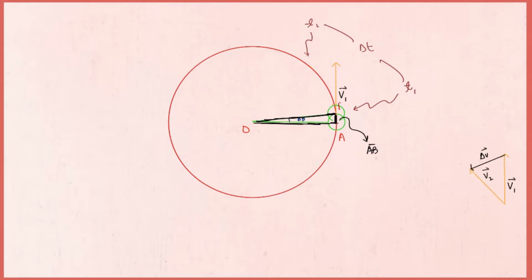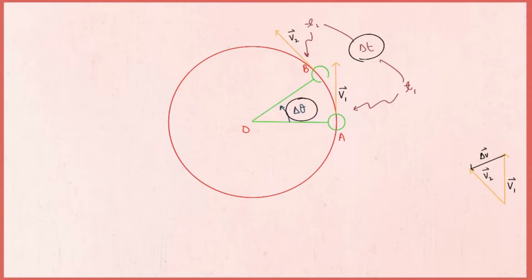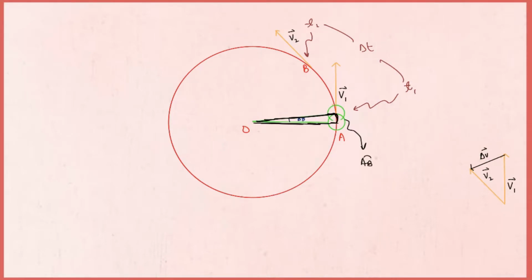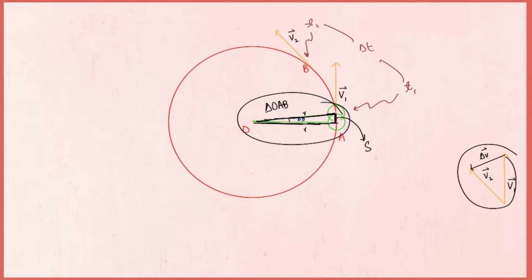By this assumption, I mean that this angle delta theta becomes so small that the arc AB becomes a straight line segment AB and the sector OAB becomes a triangle OAB with two sides equal to radii and the third side equal to the arc length. So we get two triangles, triangle OAB and triangle OPQ.